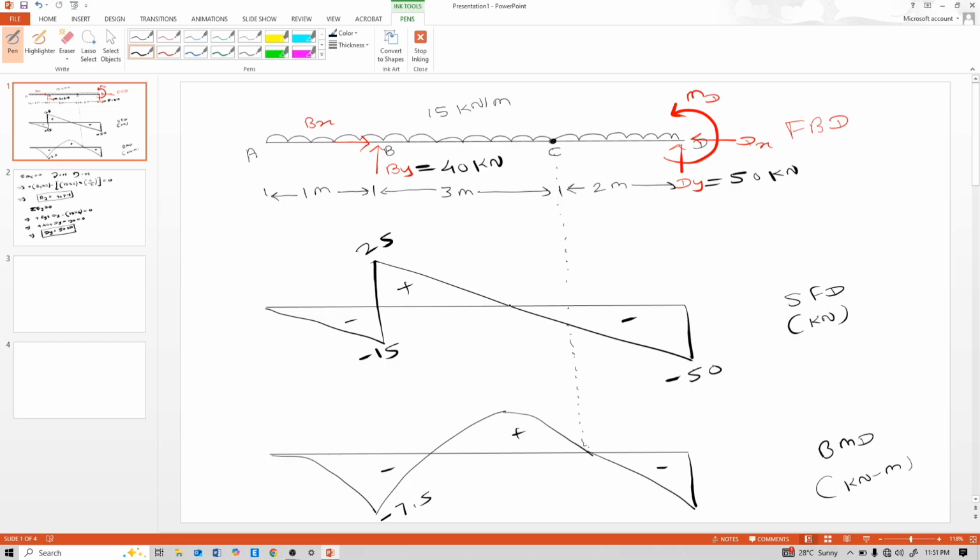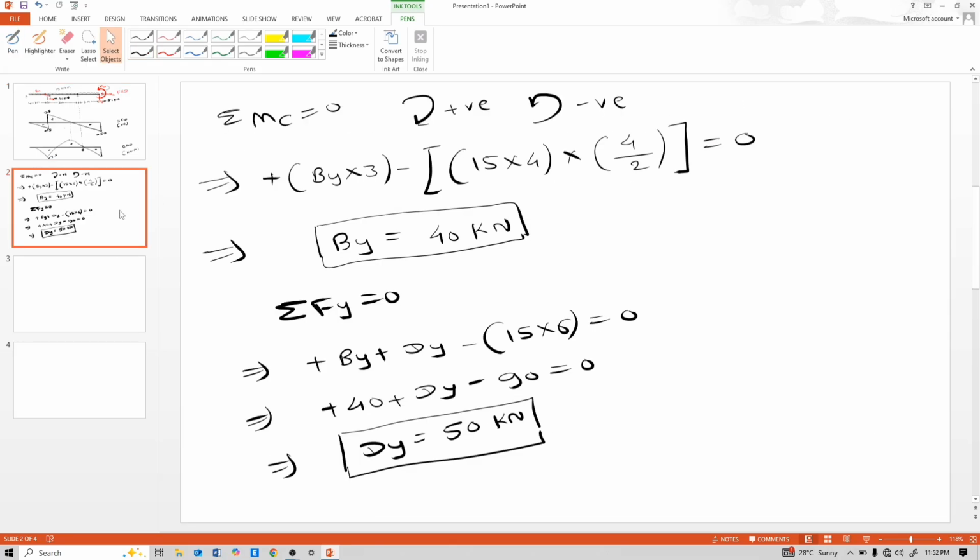So here, see, shear is 0, that means moment is maximum. But we don't know its distance from A. So calculate at this point, calculate the moment at C. We need to calculate this M_D also.